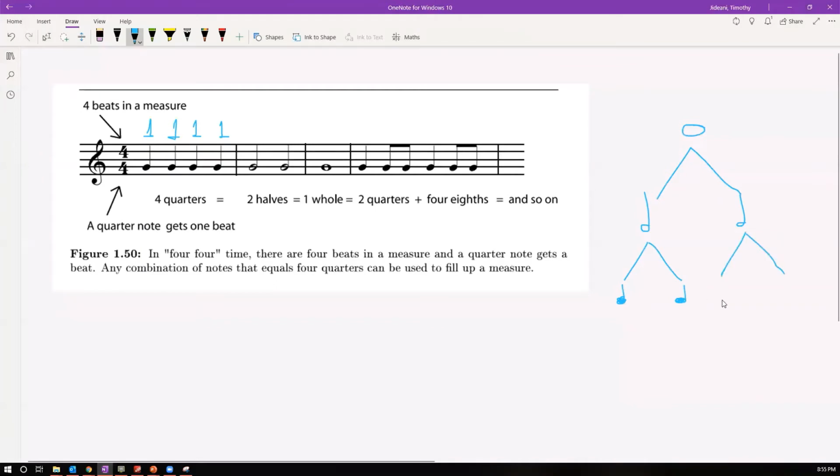Okay, we have that again there. So basically 2 half notes equals 4 quarter notes. Okay, we are familiar with this, and I believe we all understand it by now.